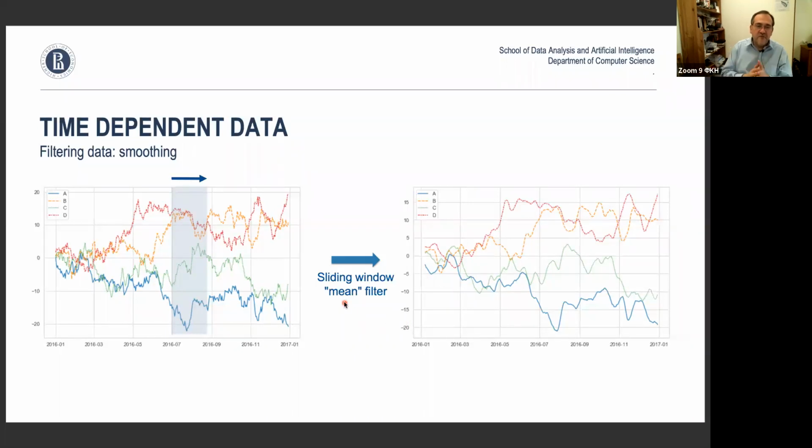Now, if you put a very large window, you smooth it a lot, you lose the features. If you put a very narrow window, it oscillates a lot. So as the designer of this filter, it's up to you to select the right width of the window. We'll have one lecture dedicated to time-dependent data later in the course.